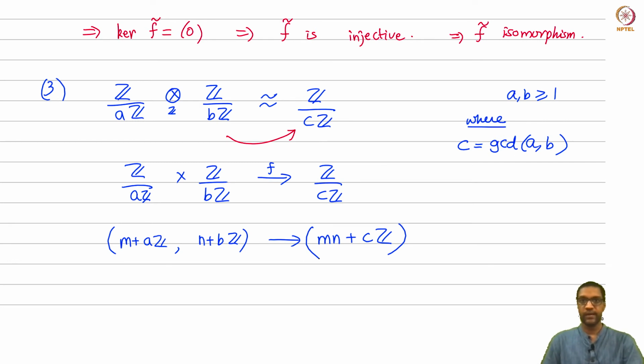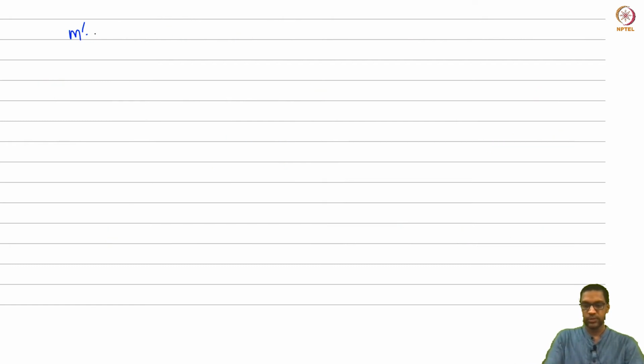So I'm defining a map like this. I need to always check when I define a map like this that it is well defined. Okay, so property 1, that this is a well defined map. Why is it well defined? Well, if I change M or N, or both maybe, to some M prime and N prime, let's check well definedness. So suppose I change the representative to some numbers m prime and n prime, then the question is, is my final answer the same?